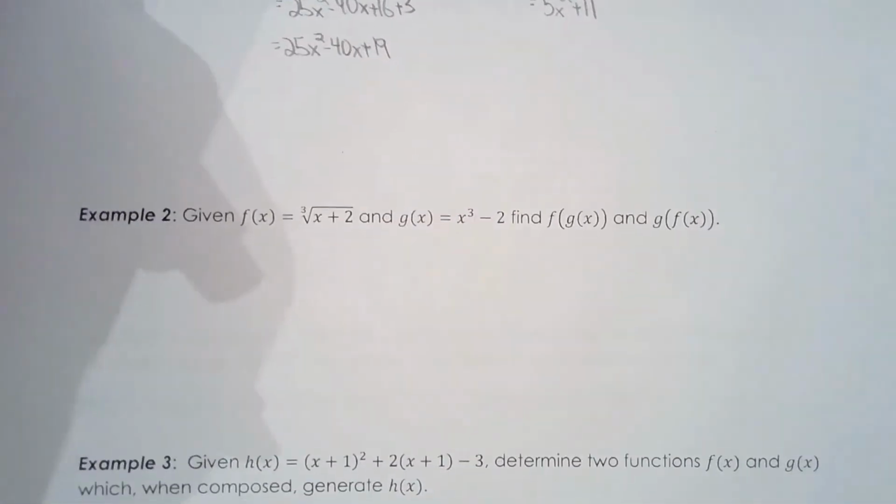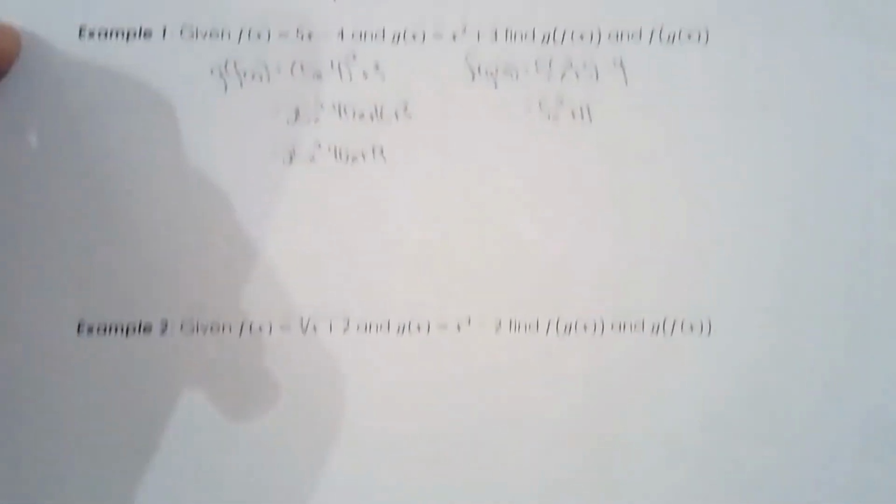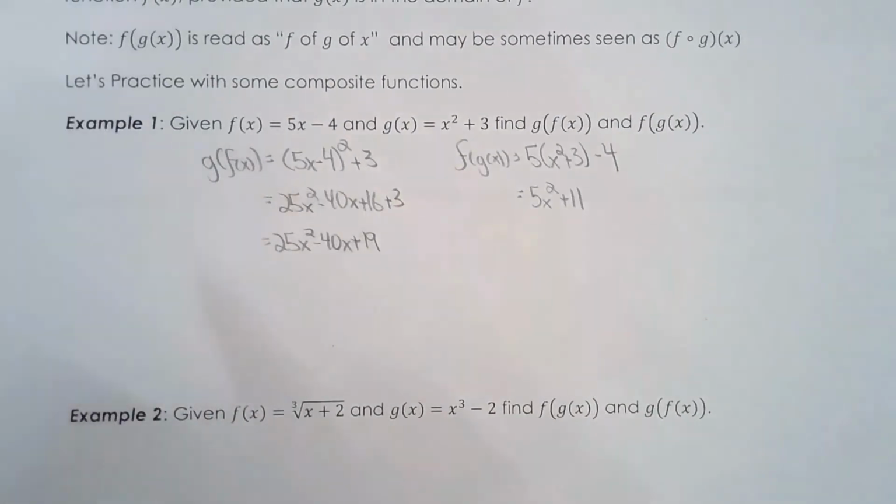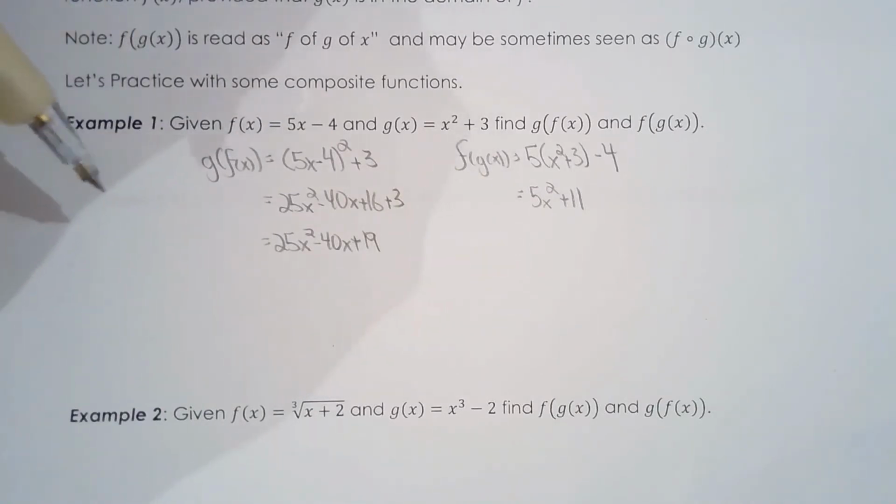Before I go to example 2, I just want to mention that I gave this example for two reasons. The first one being, I just want you to practice finding a composite function. Whether it's g of f or f of g, you should really have no problem. It's just an application of function notation.